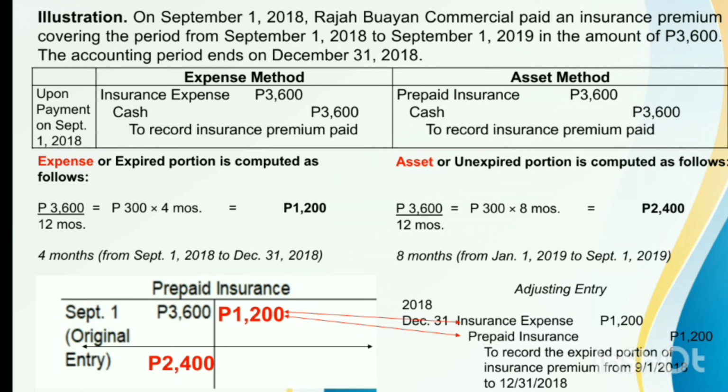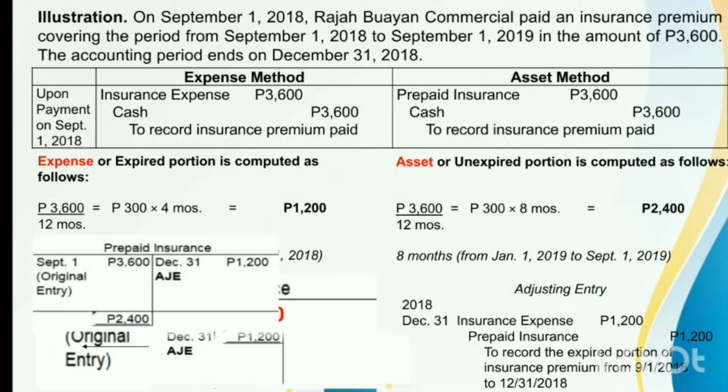So that's why we have this debit entry, insurance expense 1,200. So again, our adjusting entry on December 31, 2018 under the asset method, we have insurance expense 1,200 and credit to prepaid insurance, which is also 1,200. Because of that adjusting entry, the prepaid insurance and the insurance expense accounts are now at their correct balances.